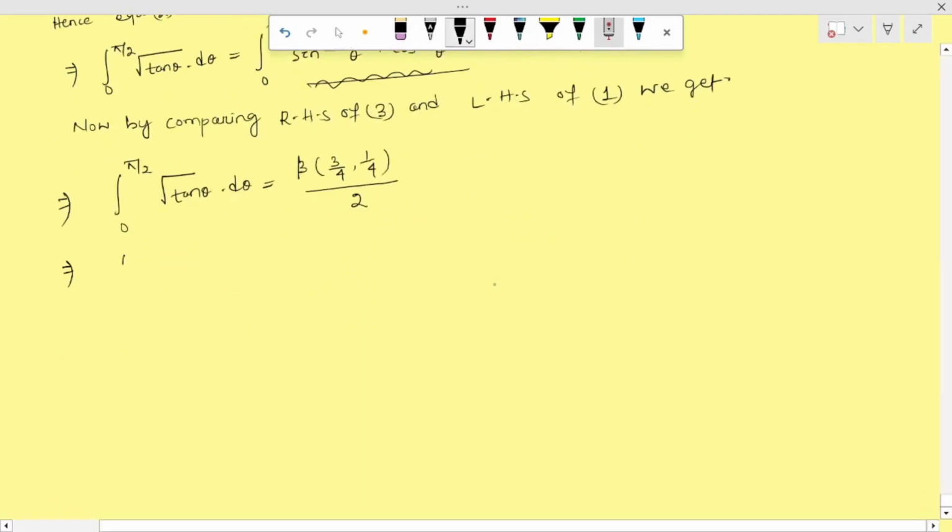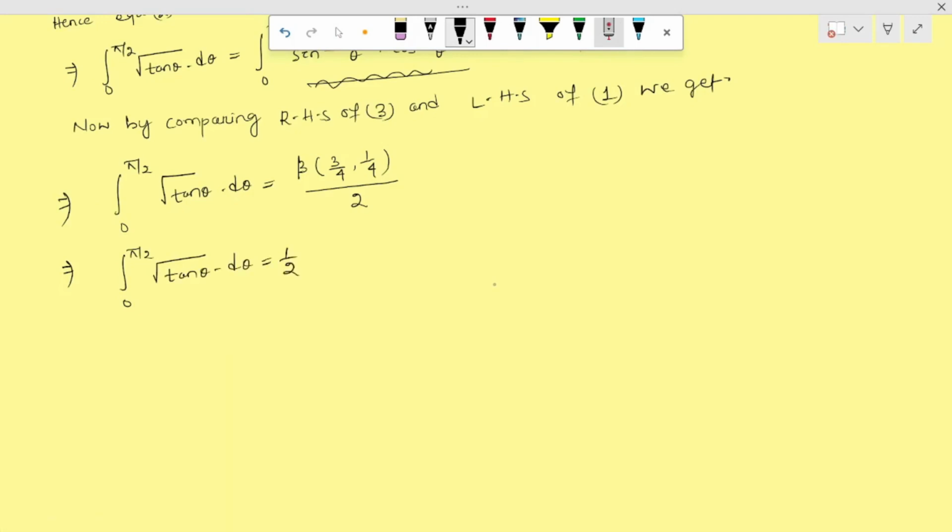That implies the integral from 0 to pi/2 of root over tan theta d theta equals 1/2. I'm going to use the relation between beta function and gamma function. Beta pq is nothing but gamma p into gamma q by gamma p plus q.